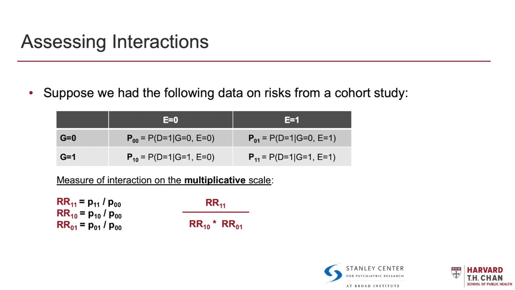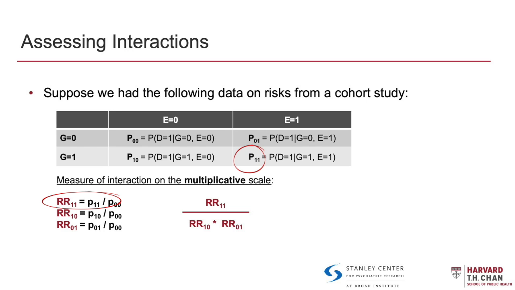So the risk ratio in the presence of both exposures, which is in the presence of environmental exposure and genetic risk factor, would be this one. We can take the P11, divide that by the underlying risk, and we would get the risk ratio for that cell. And then we can do the same for the individual exposures.